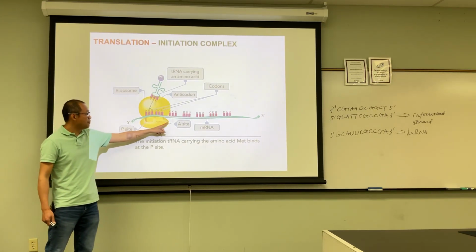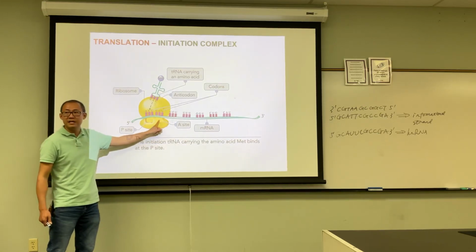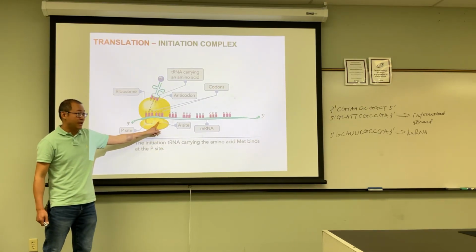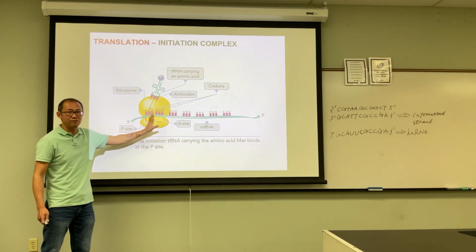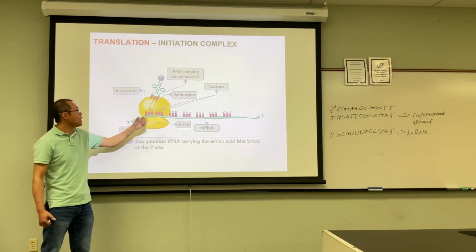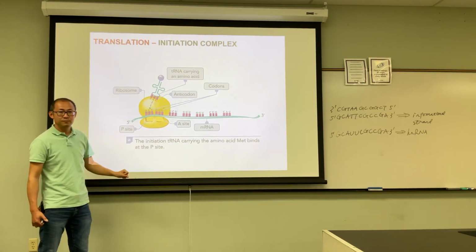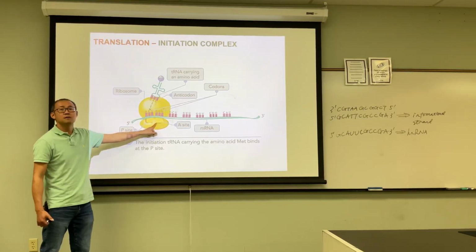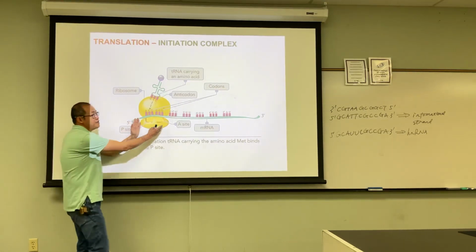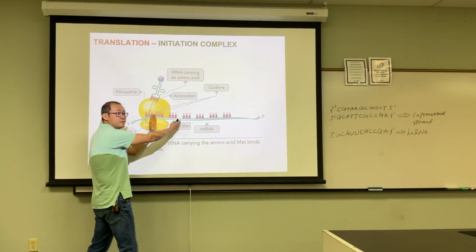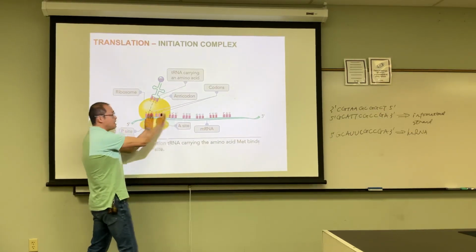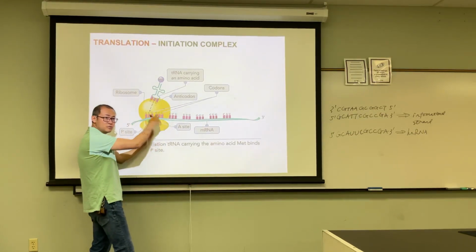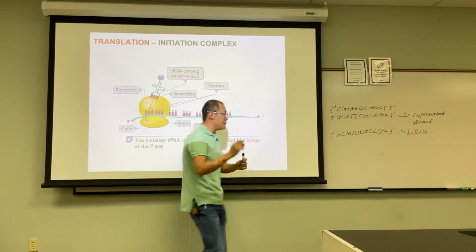The site on the right is called the A site. Okay, I'll explain to you why P and A. You don't have to memorize it. Okay, P site and what? A site. And remember, the factory is going to move. So whenever we move 2, the left one is always the P site, the right one is always the A site. Okay, you keep that in mind.